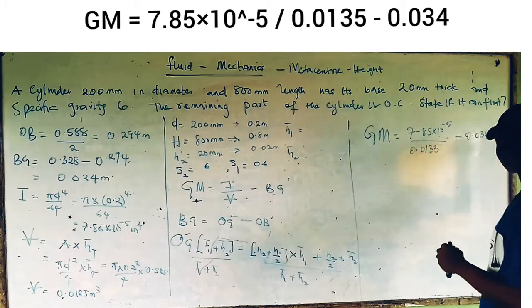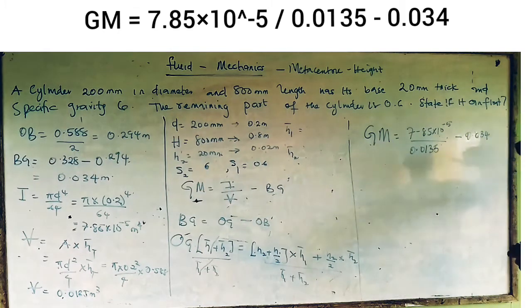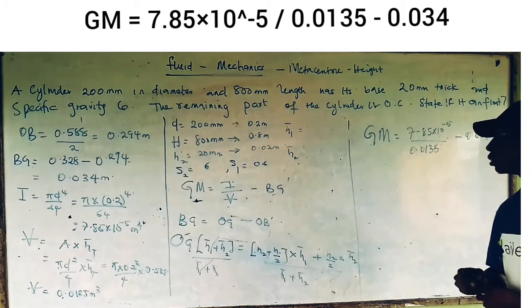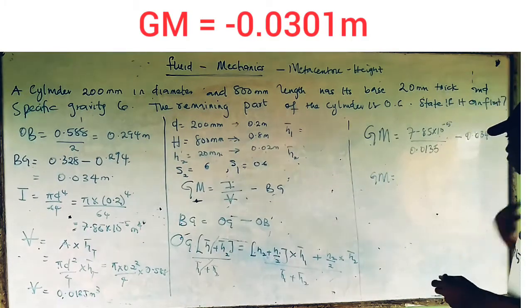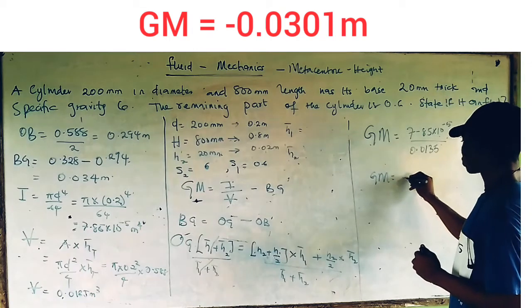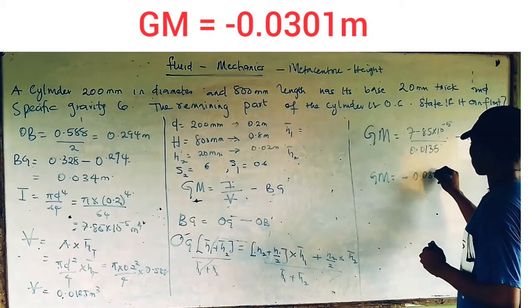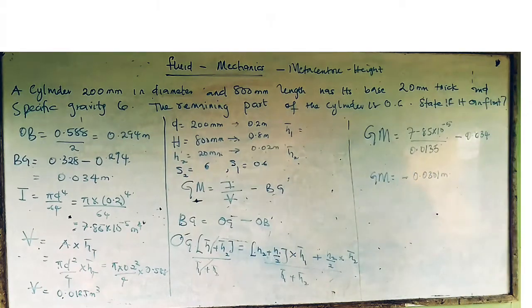Simplifying this, we have the metacentric height GM to be equal to negative 0.0301 meters.